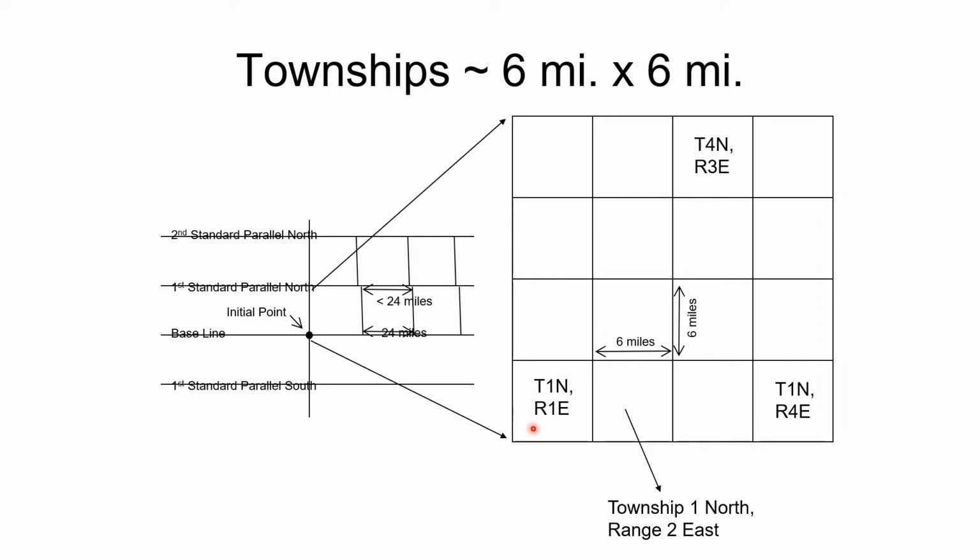So this township is referred to as township 1 north, range 1 east. The next one to the east is township 1 north, range 2 east, and so on. So for instance, this one is township 4 north, 1, 2, 3, 4, and range 3 east, 1, 2, 3.